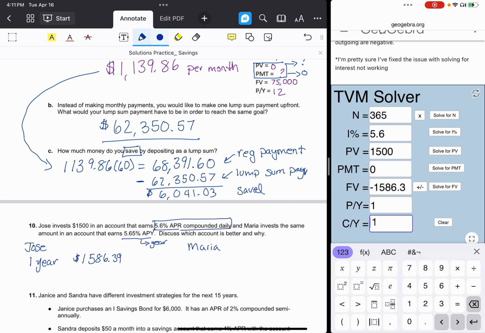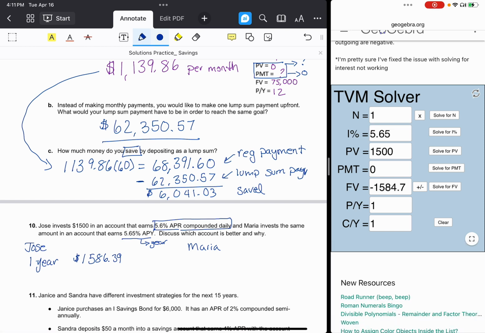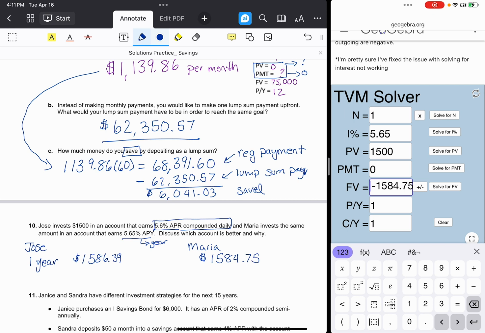It's a yearly thing, which means my number is now down to 1, and it's a slightly higher rate. What would her future value be? Her future value in 1 year would be $1,584.75. Just looking at that, I can see that at the end of year 1, Jose has more money than Maria.